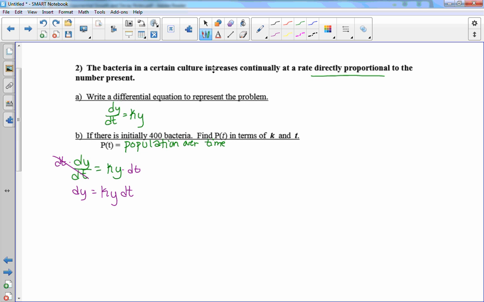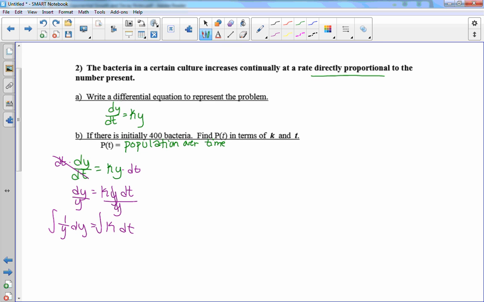Okay, what else do we need to do? We need the Y on the left. And notice the dy and dt, they're in the denominator. We don't want them in the denominator. They should be in the numerator position. Okay?